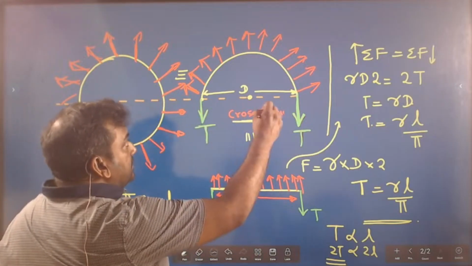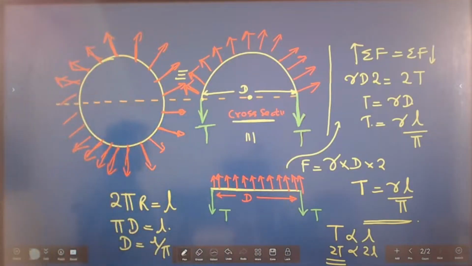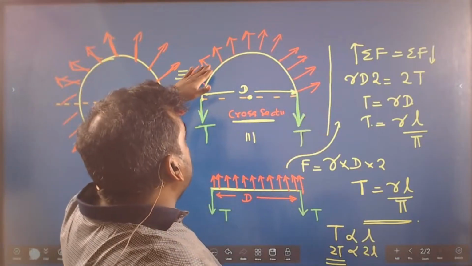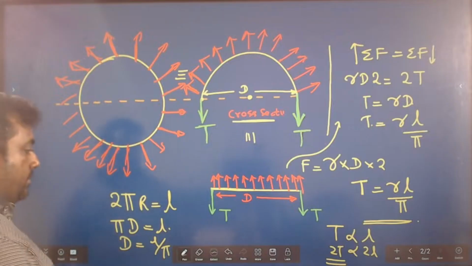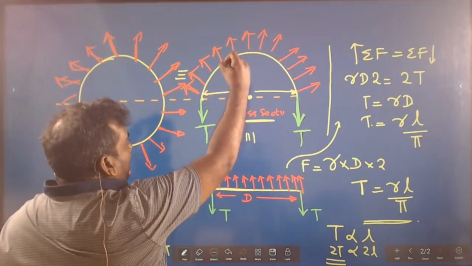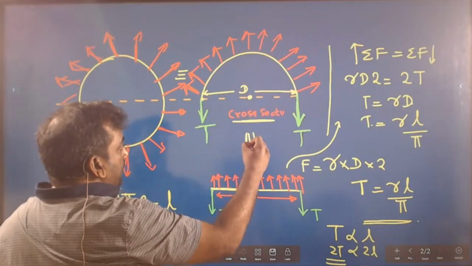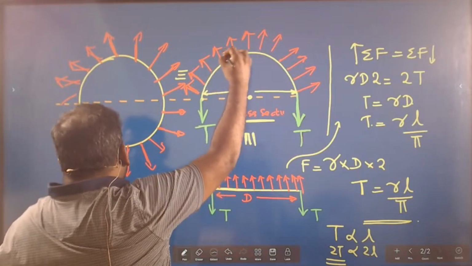Tension on both ends will balance the surface tension force acting on one half, on one semicircle.